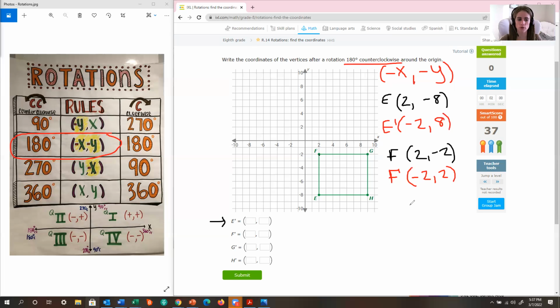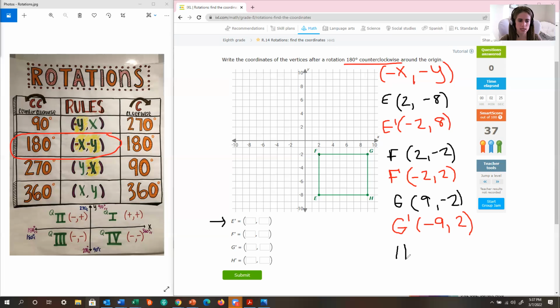Do all 4 vertices, all 4 points. G is currently located at 9, -2. When we apply that 180 rotation, when we apply that rule of (-x, -y), we are making both of those opposite by multiplying by a -1. Therefore, -9, +2.